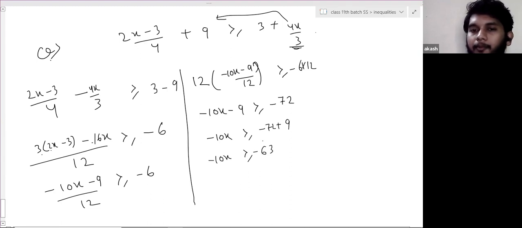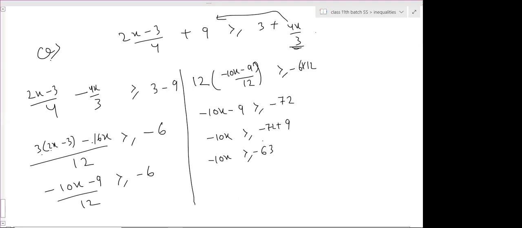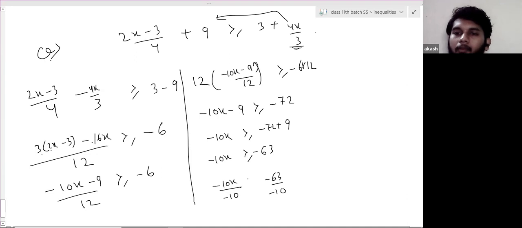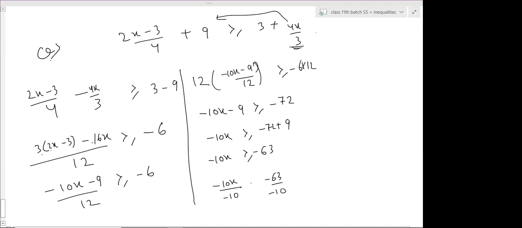These steps are clear till now? Fahad, Iram, these are clear? Yes. All right. Now dividing by minus 10. So minus 10x upon minus 10, and minus 63 upon minus 10. Iram, what sign should I put here? Less than.